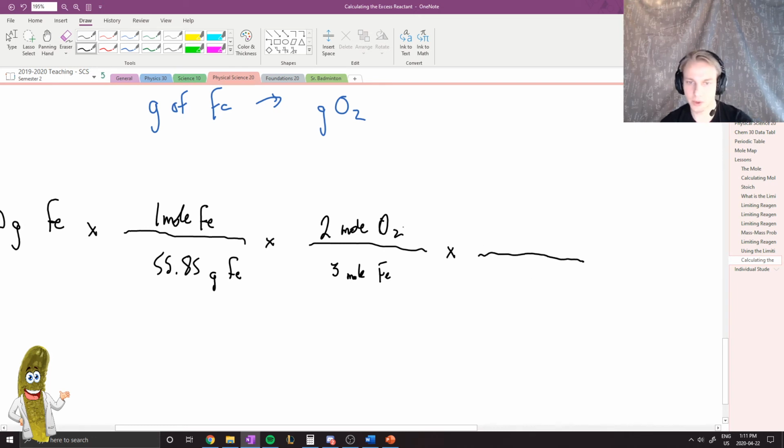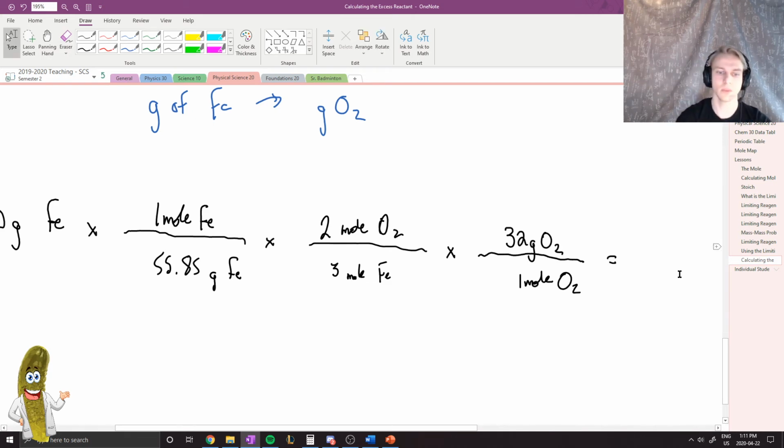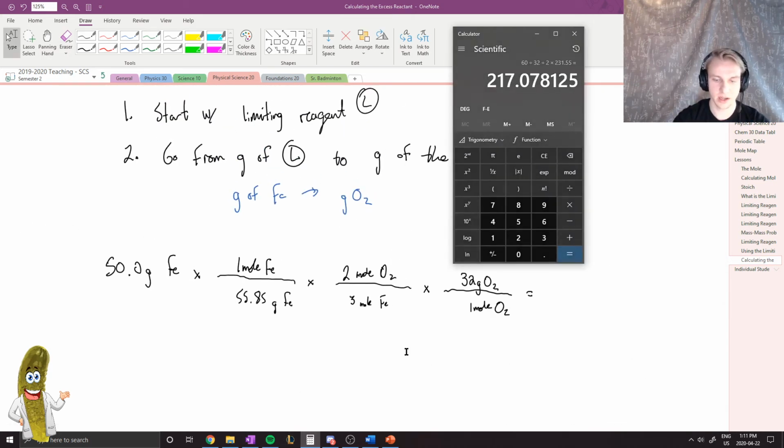Okay, and then we're in moles of oxygen, so we want to get out of moles of oxygen and into grams of oxygen. Again, this is O2. Oxygen has a mass of 16, so 16 times 2 gives us 32 grams of O2. Plug that all into your calculator. You have 50 divided by 55.85 divided by 3 times 2 times 32.